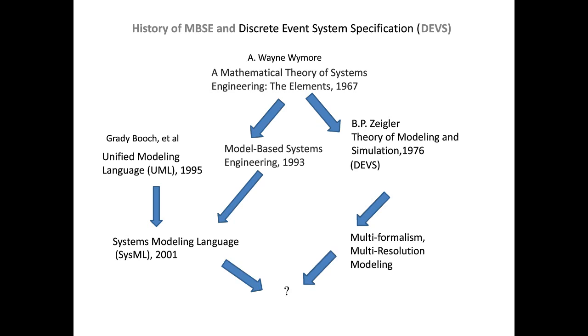On the one hand side, we have the modeling capabilities of DEVS and the simulation capabilities to describe complex systems. And on the left-hand side, further developments of SysML and other similar approaches. And the question is, can these streams now come together so that an end-to-end kind of solution, as I indicated before, can come about?